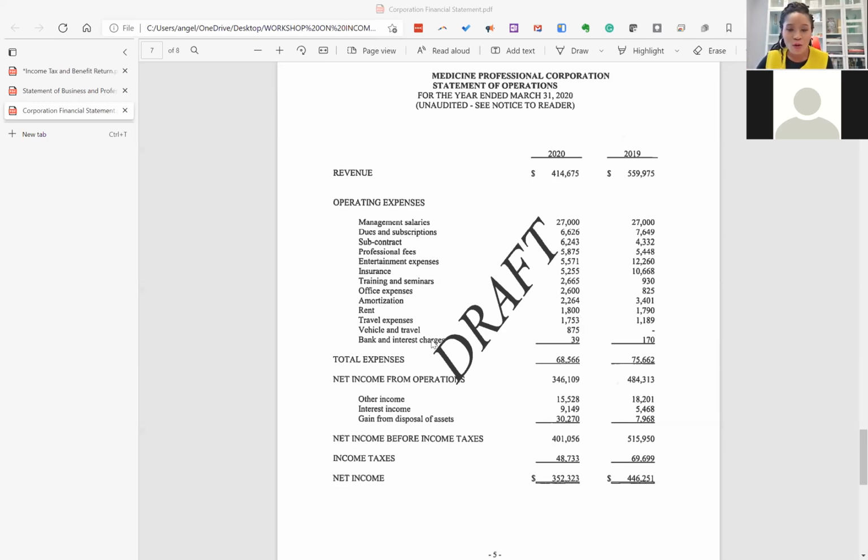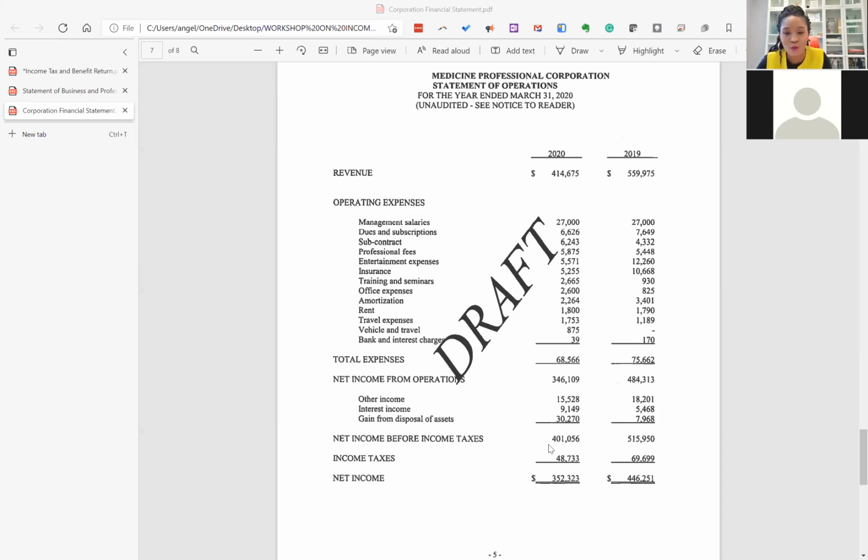And so going all down the list, in this case, bank and interest charges don't seem to be very high. That's fantastic. And so when you look at all of this, the expenses are $68,000. If you're satisfied with the expenses, then the conversation can center around using maybe the net income here.